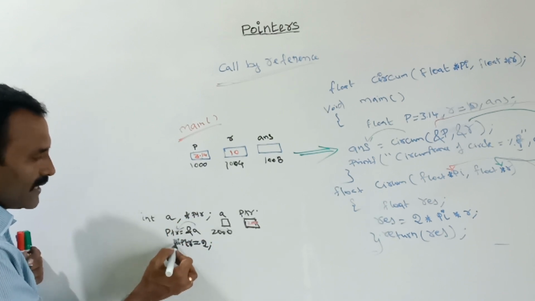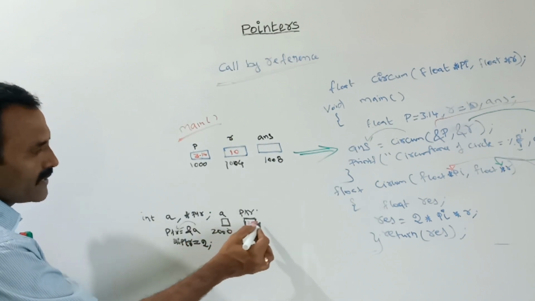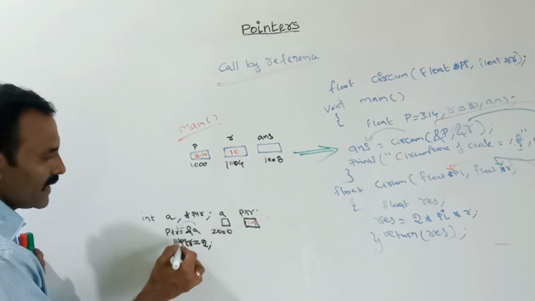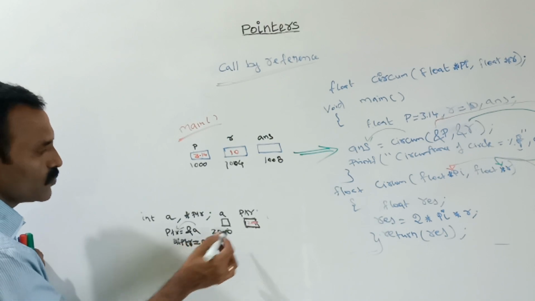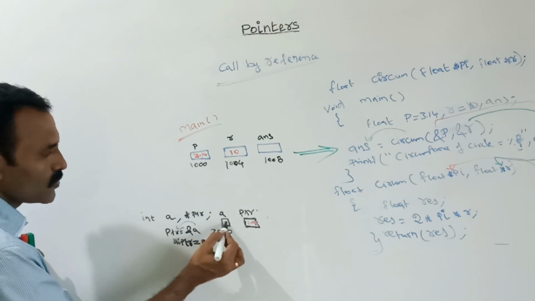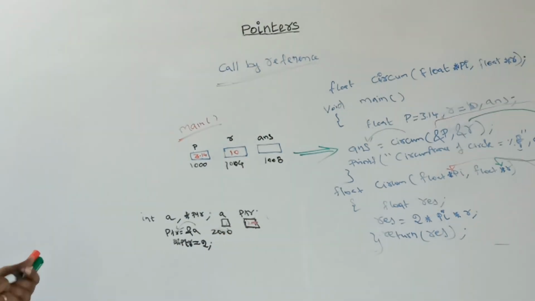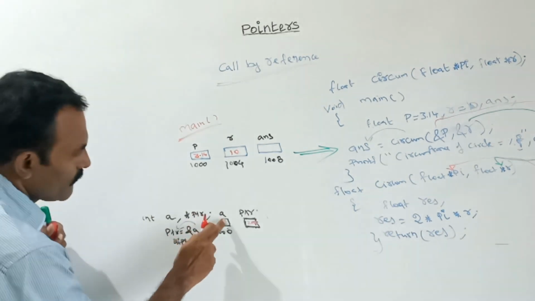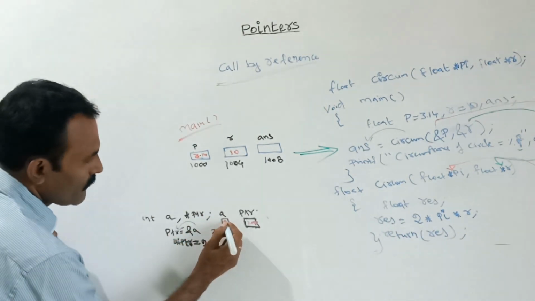Inside ptr we have 2000, so value at 2000 is equal to 2. So this 2 will be stored in a.